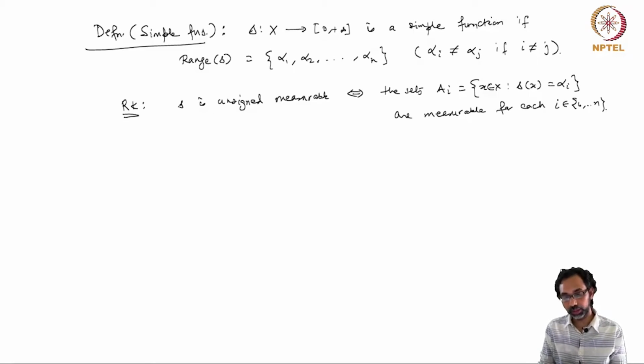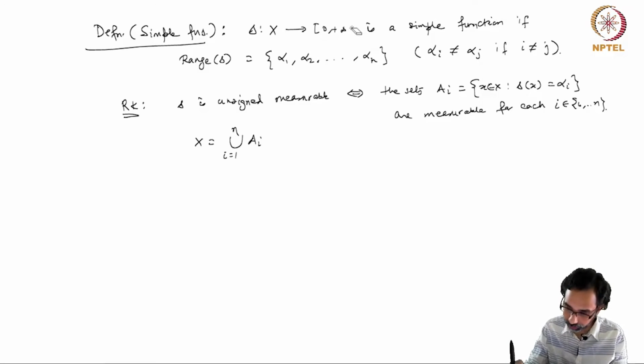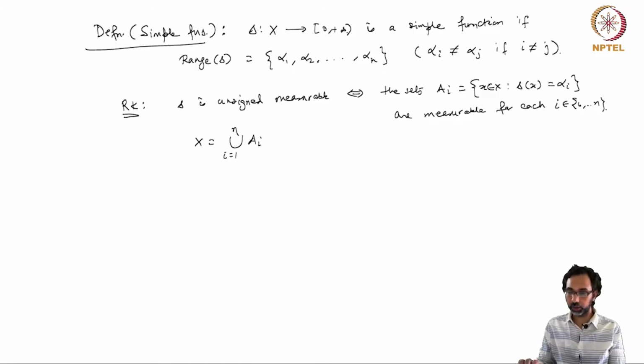So if the function s takes a constant value alpha i on a measurable set Ai, then X can be written as the union of i equal to 1 to n of Ai. Sorry, a simple function we do not allow to take the value plus infinity.